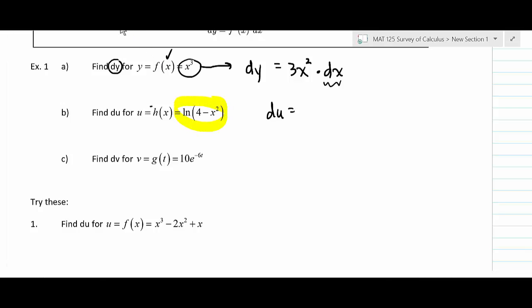How do you do a derivative of a log like this? It's two steps. 1 over the function, then what? Derivative. That's chain rule. So you want to write this like this. This is 1 over the function, and then this is chain rule because there's something other than just x, and that derivative inside is what? Negative 2x. But you have to have the dx there.